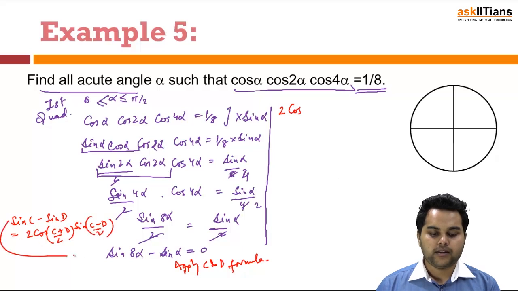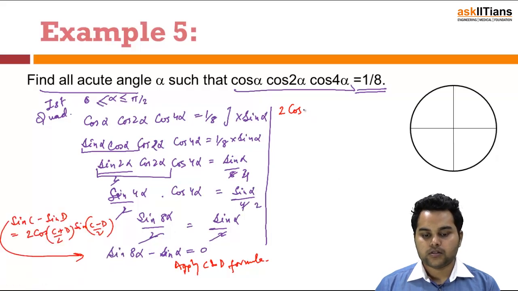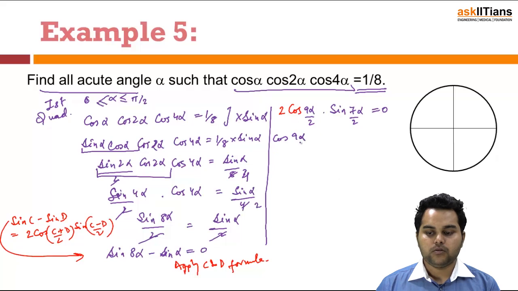This will be applied here, and hence I would get 2 cos of (8+1) alpha by 2, that is 9 alpha by 2, into sin of (8-1) alpha by 2, that is 7 alpha by 2, being equal to 0. So either cos of 9 alpha by 2 is equal to 0 or sin of 7 alpha by 2 is equal to 0.